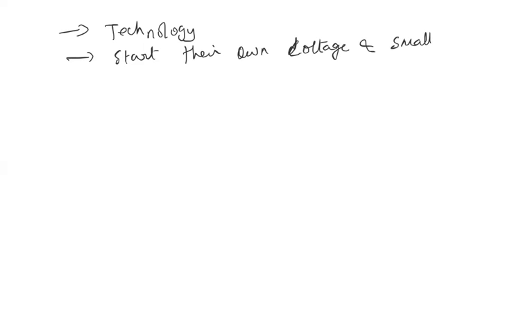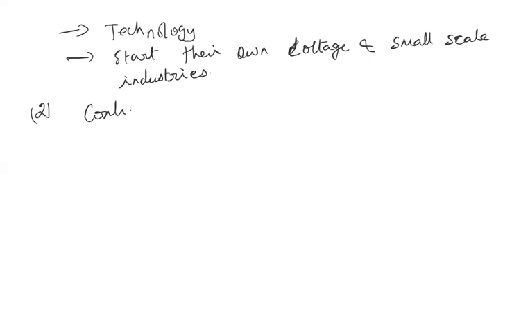So investment enabling the rural people not to depend on agriculture, they can start their own cottage and small scale industries. So some kind of financial assistance to the people there. These are all the areas where investment can be done in the backward areas, so that they will also slowly start developing.